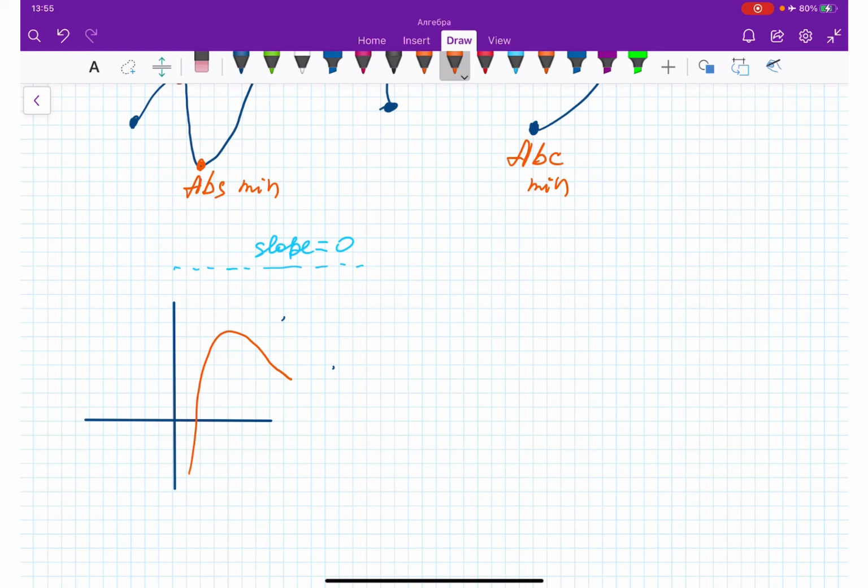And this graph is f of x equals 9 times x squared minus 3, divided by x cubed.